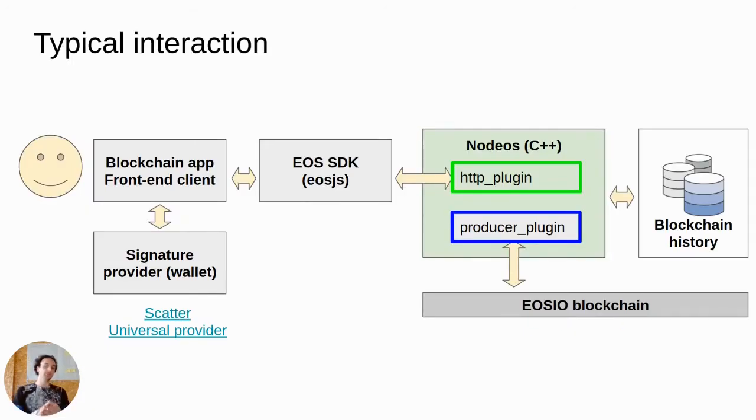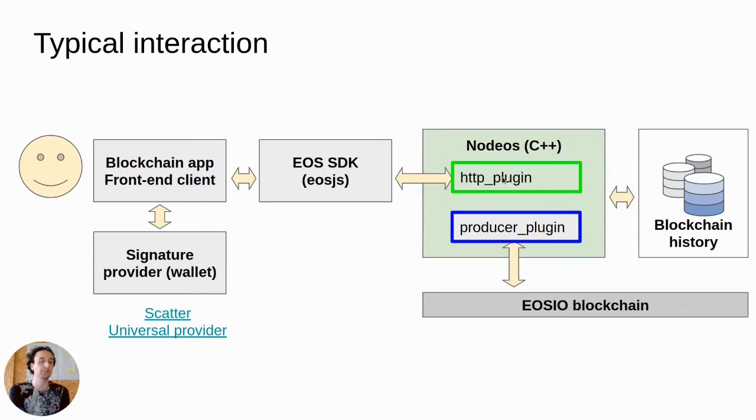So this is probably more in depth what a blockchain application looks like. You have a front-end client. This can be a web app, a mobile app. It could be different servers in a private network if you wanted to do it that way. So on a public network, you have a front-end client. They connect to a node with an SDK. That's EOS.js if you're doing a web JavaScript application.